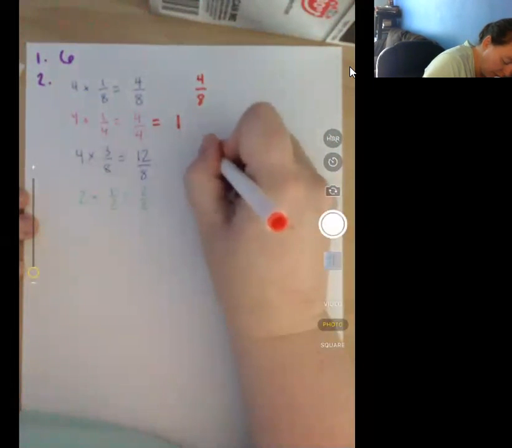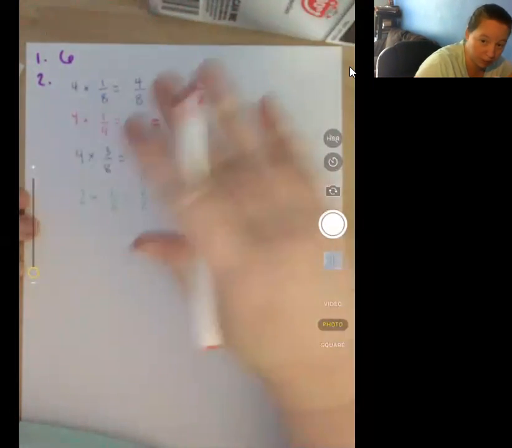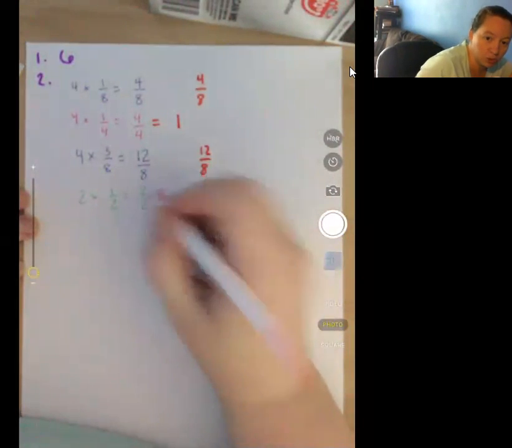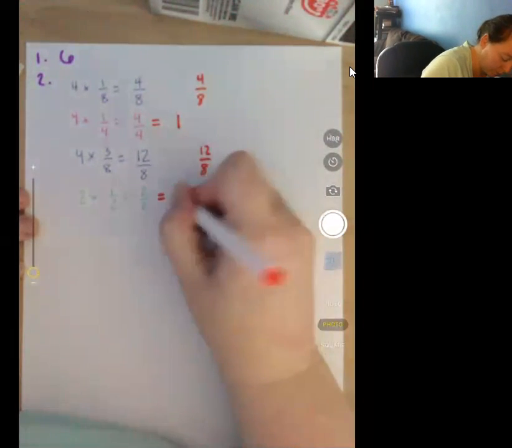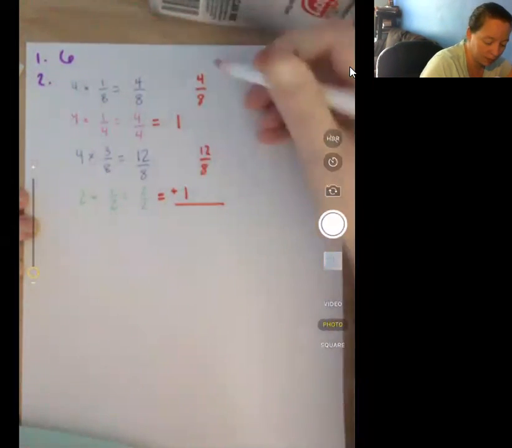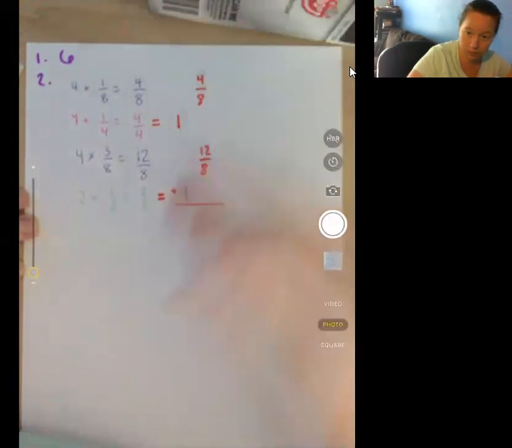I'm going to leave the 12/8 the way that it is. You see how these both have an 8 on the bottom? So I'm just going to leave them the way they are. 2 divided by 2 is 1. So I now have 1 plus 1, and then 4/8 plus 12/8. I have it in 2 separate columns, and we're cool like that.